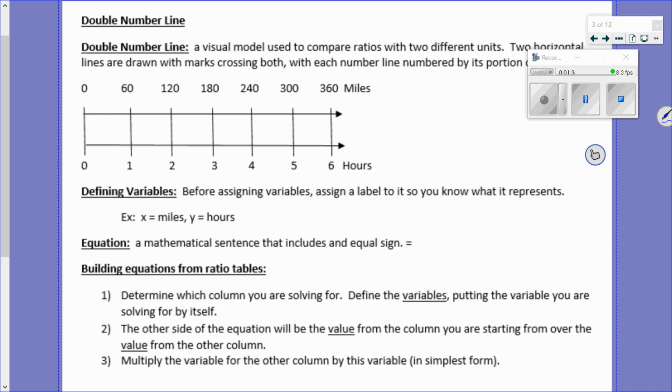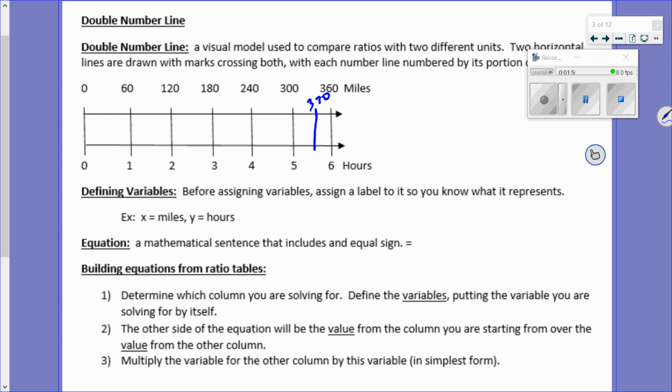But the big benefit, guys, to a double number line is finding numbers that are in between the ratios they've given us. So like if I needed to see how long it took me to drive 330 miles. If I have a ratio table, that's kind of hard because I don't have an extra entry for that. But if I'm looking at this, I can say, well, 330 is halfway between 300 and 360, right?